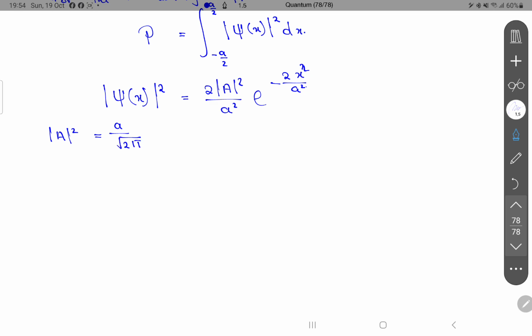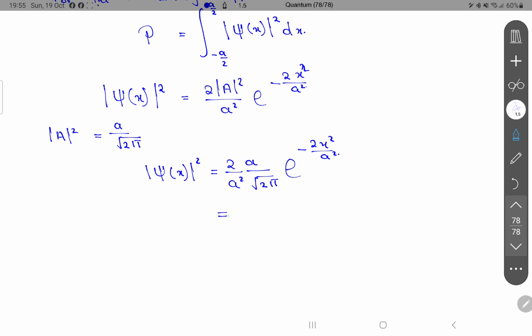So there is no need to write the fourth root of that. So we can write our probability density function squared is equal to 2 over a squared times a over the square root of 2 pi, and it's e to the power negative 2x squared over a squared.